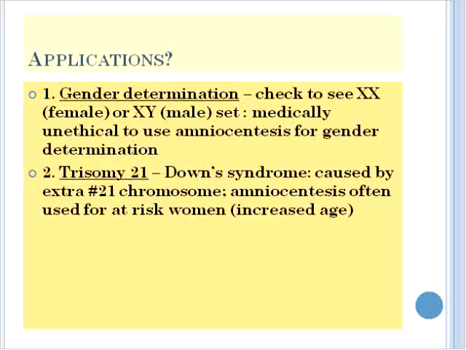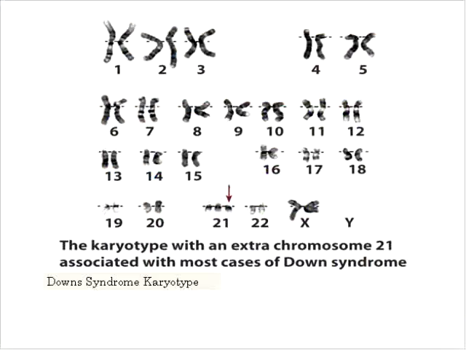So what's the benefit of karyotyping? Firstly, gender determination can be done. If it's XX, it's a female. XY is a male. Down syndrome and other genetic disorders can be detected if the karyotype shows a third 21st chromosome. Remember, the presence of this extra chromosome in 21 indicates that the child has Down syndrome.